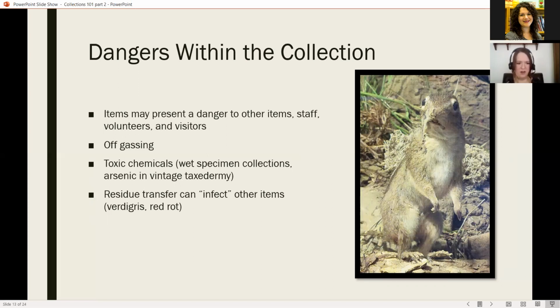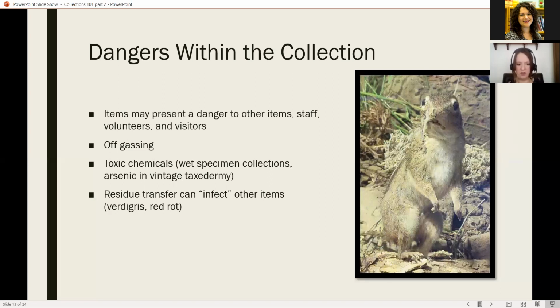Another thing to consider is if there are residues or something like red rot or verdigris on one of your items. Red rot is a condition that happens to some leather materials, and it causes this reddish, nasty looking discoloration.